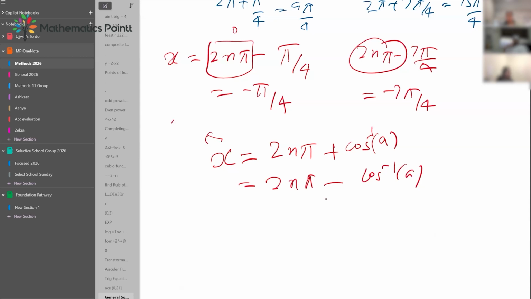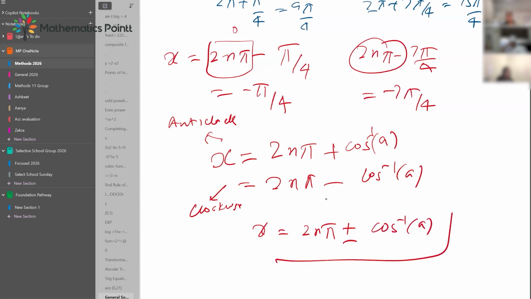This is anti-clockwise rotation. This is clockwise rotation. And I just combine them to say this. Finish.